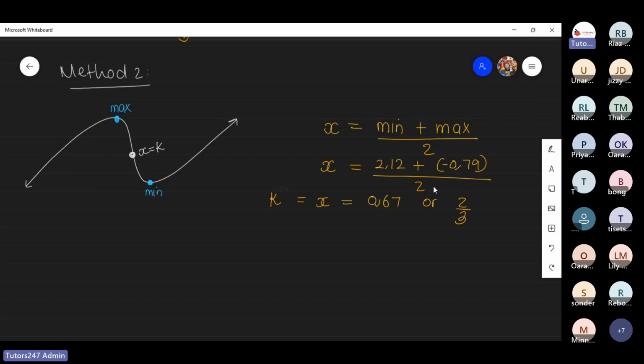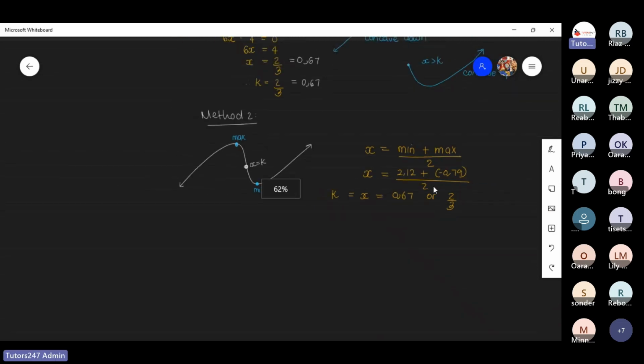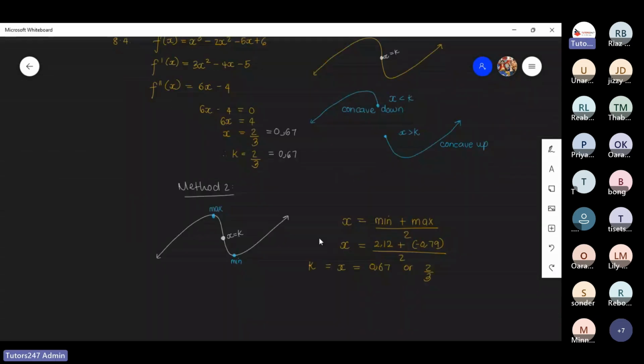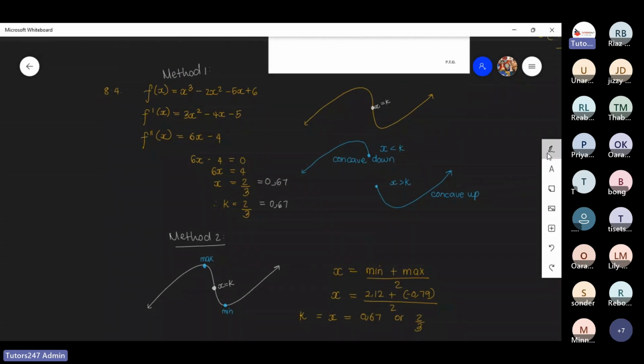So I'll repeat both once more. If you are finding your point of inflection and you have an equation, all you need to do is derive twice, equate to 0, solve for x. That is it.